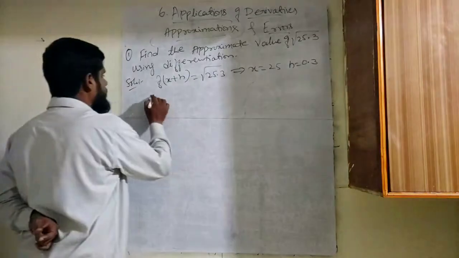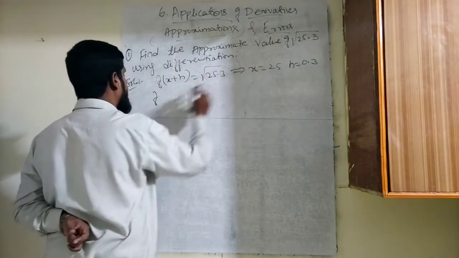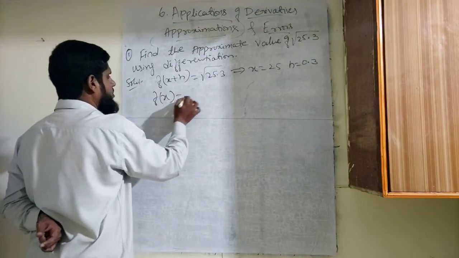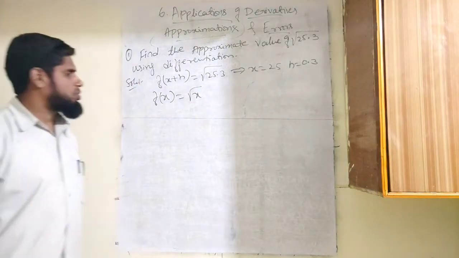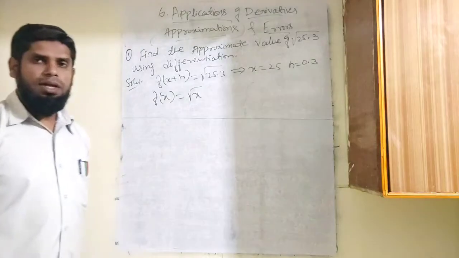Then this is in the form of root. So if my x is 25, then f of x is equal to root x.